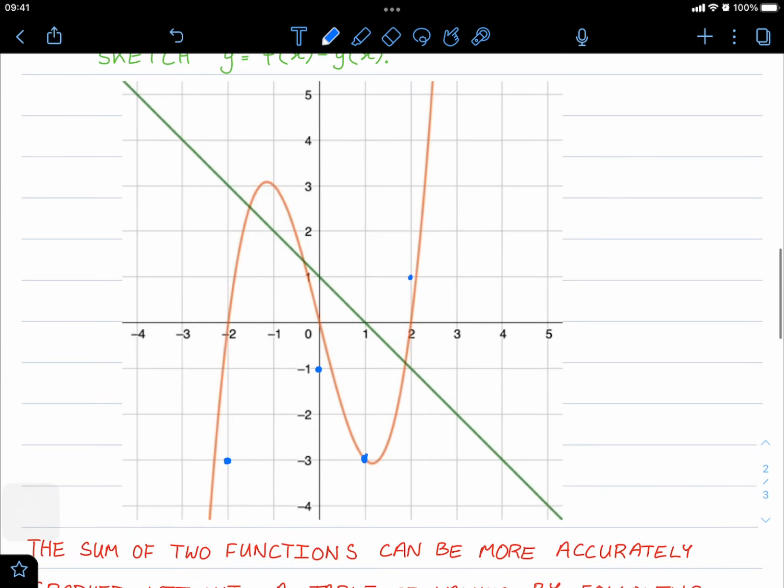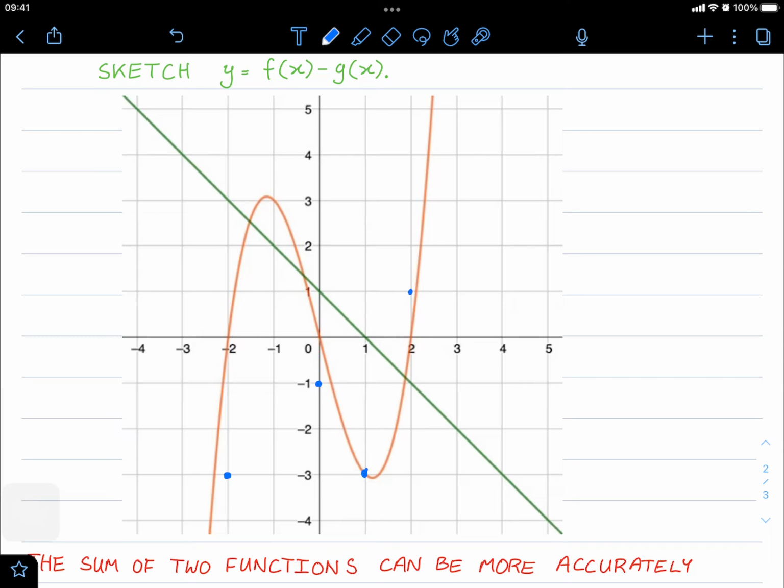Okay, so let's find the points where these meet. Here's one there. So that will become a point of intersection, because when we take, let's say, from the looks of it, it looks to be about 2.5. Well, f is 2.5 and g is 2.5. 2.5 take away 2.5 goes down to 0.